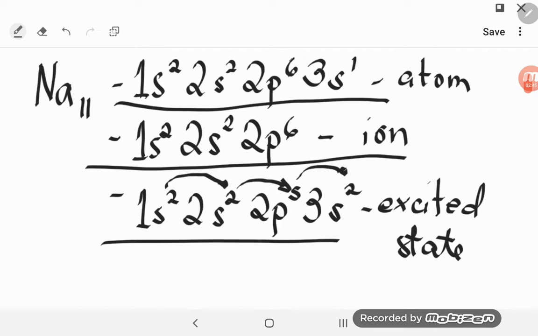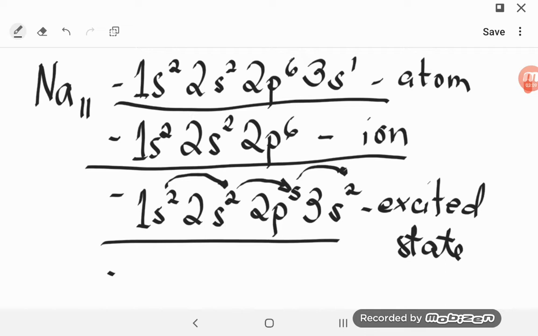Before we proceed to the next example, there is another method of writing the electronic configuration of an atom, the short way. You know very well that in the periodic table we have a group of elements called the noble gases.